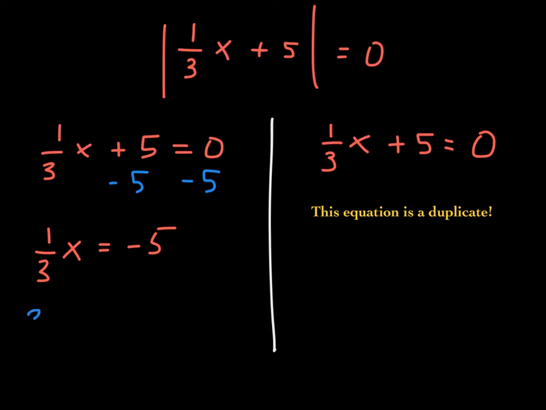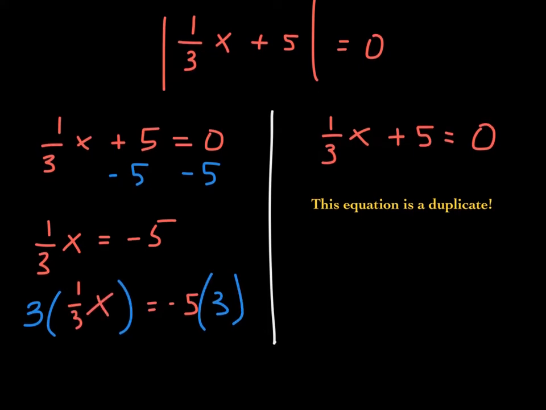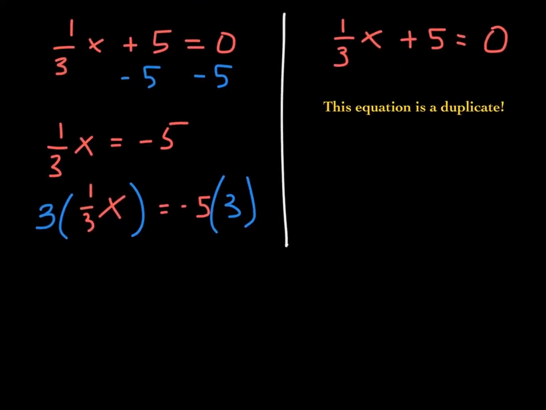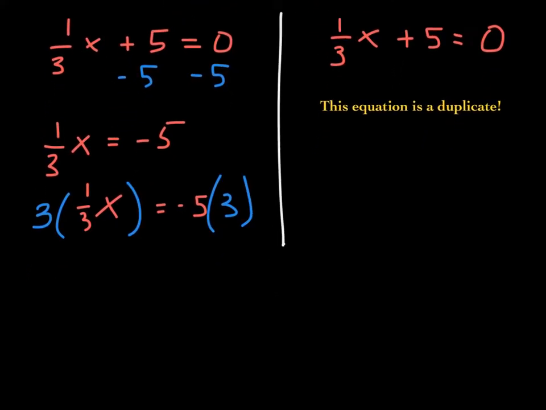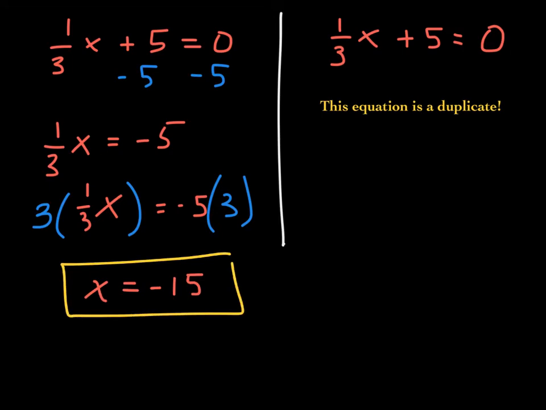So I'm going to multiply both sides of this equation by 3. Like that. Okay. Now, if I can just move this up a little bit, give myself some more room. So the left-hand side is just x now, and the right-hand side is just -15, which is your one and only answer.